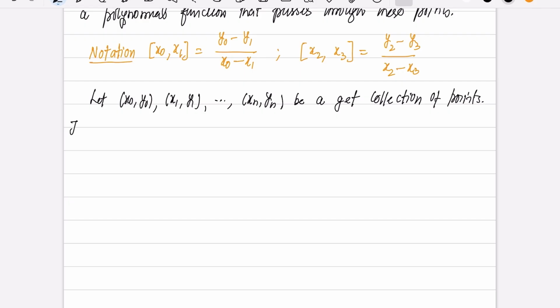Then the divided differences of orders 1, 2, and so on up to n are defined as follows.